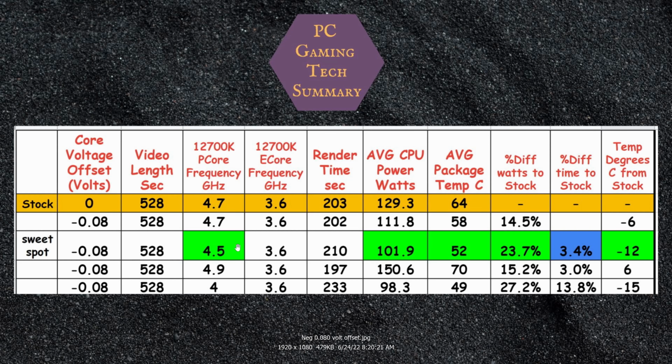Now, if we go the other way and we go to 4.9 gigahertz, rendering time is 197, and the watts shoot up to 151. Oh boy.